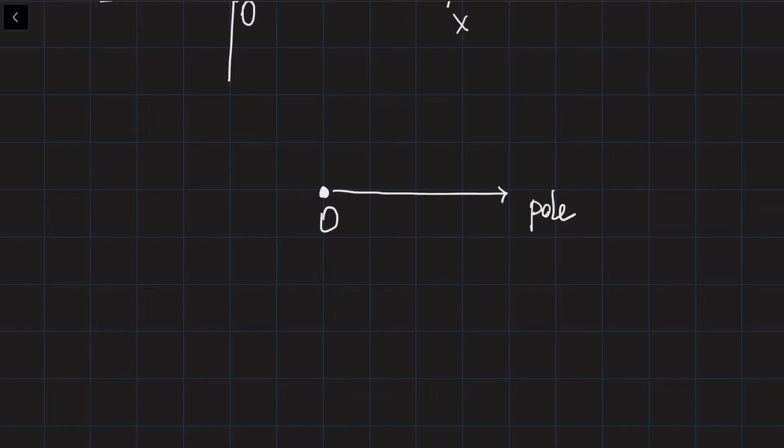And if we would like to define a point in the polar coordinates, it also comes with two numbers, a pair of numbers, r and theta, where theta is going to be the angle between the line which connects the origin and this point and the pole.